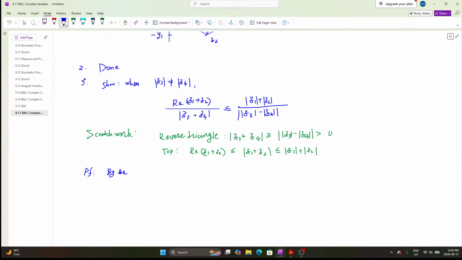You really need a good teacher to make sense out of it, unless you have a lot of, quote-unquote, mathematical maturity. Okay, so by the reverse triangle inequality, we have the absolute value of z3 plus z4 greater than or equal to the absolute value of z3 minus z4.